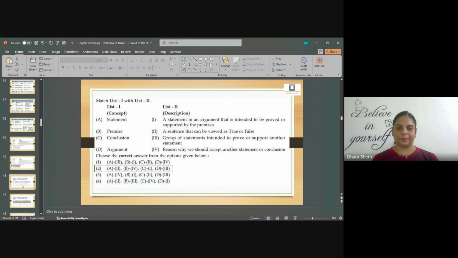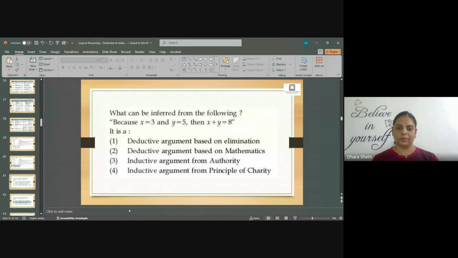Next. What can be inferred from the following? Because x is equal to 3 and y is equal to 5, then x plus y is equal to 8. What is it among the given options?